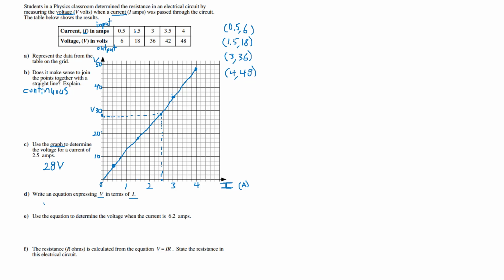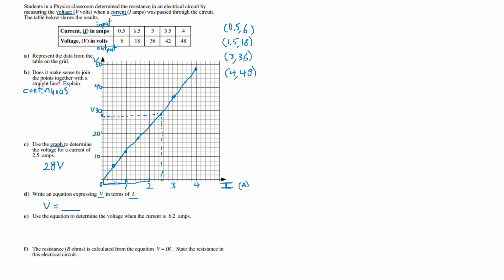Write an equation expressing V in terms of I. So what that means, we want V equals something times I. Let's start with our rate of change. How much is our voltage increasing for every increase of 1 amp? This is not quite straight, but this should be about 12, then from 1 to 2, we get about 24, 2 to 3, we get about 36.